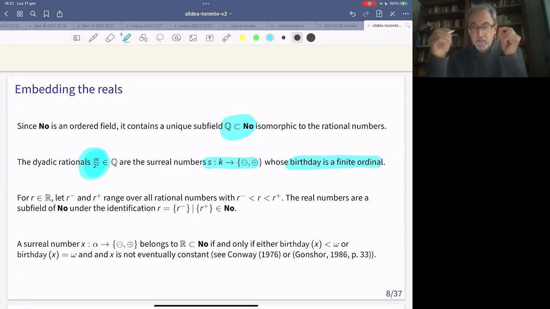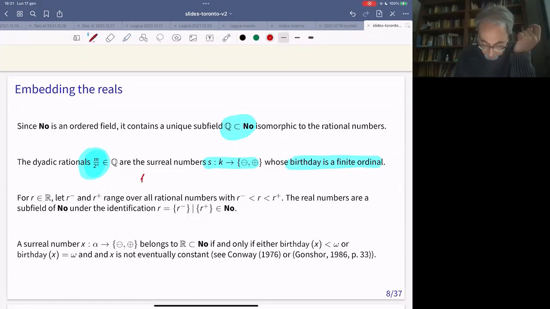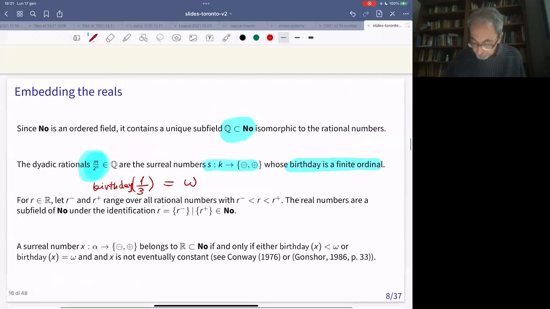Instead, rationals like 1/3, which is not dyadic, the birthday of this will be omega. So you need to go a bit further in the tree. So for instance, you have 0, 1, 1/2. 1/2 appears.